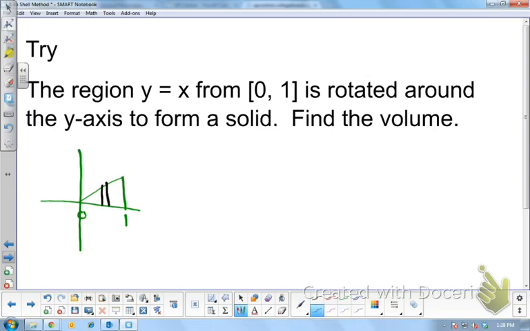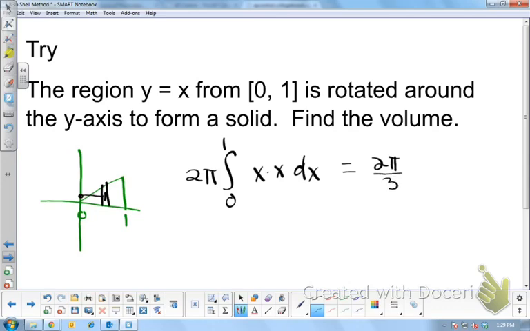What's the height of that random partition? X, because the function was y equals x. And what's the distance from our axis of revolution? It's also x. So you ended up with 2 pi integral, they told us the bounds, we didn't have to find them this time, 0 to 1, x times x dx. Simplify and integrate.